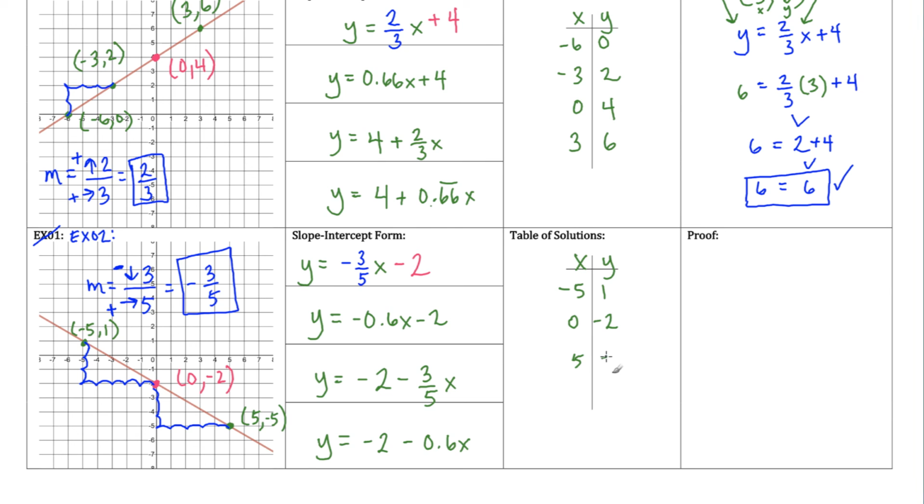Remember that there are more of these points. They're just a bunch of decimals, and I don't exactly know what they are, so I'm just going to write the nice integer ones. Let's use (5, -5).